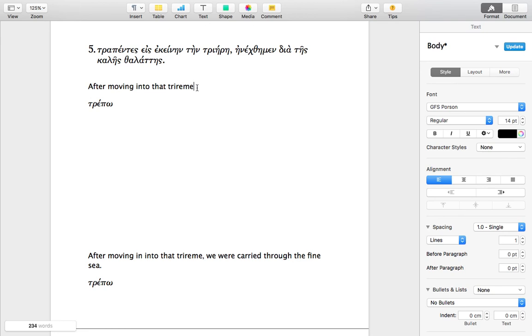So after moving into that trireme, ēnechthēmen, and boy, you might be frustrated when you see that one. You know it's a theta ending, and a -men, so you know it's aorist passive. You know, because the -men ending gives it away. It's first person plural. So we. So after moving into that trireme, we, whatever this verb is, and I'll just give it to you.